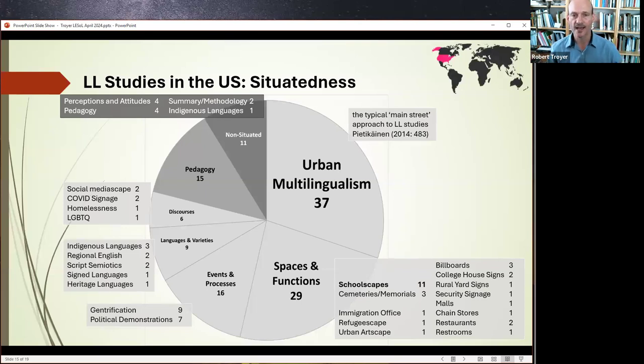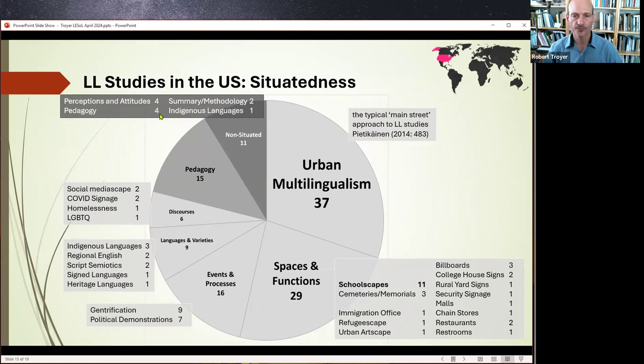So even though data was not collected that visually documents what you see in the landscape, you are asking people about the linguistic landscape. And I think there's actually an important role. We moved away from that. It's kind of where the field started over 20 years ago, 30 years ago. And we've gone away from that. And I think that's a place we could come back to.